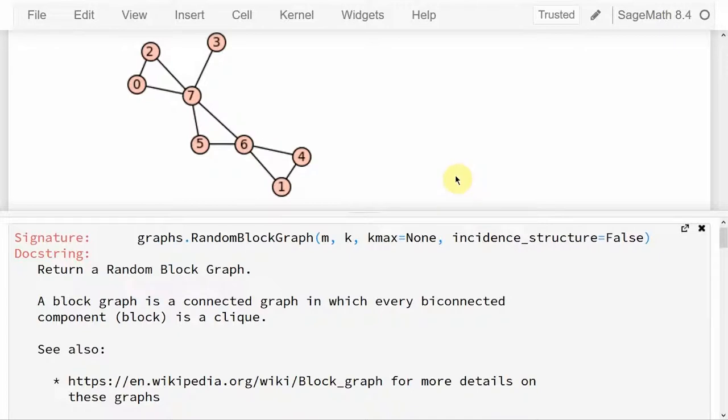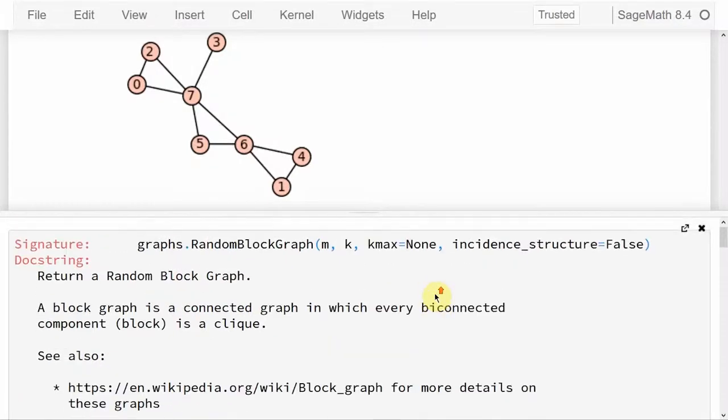Sage has a function which gives you the blocks, but you have to get these blocks as a set or as a list and then generate the matrix from this. Let me look at what this function does since you asked.